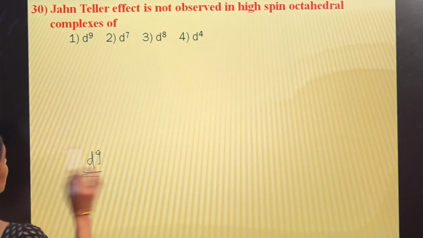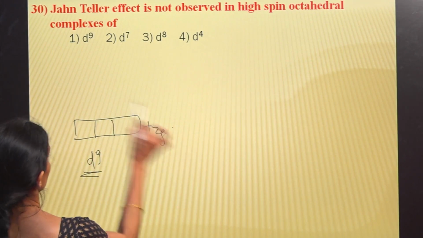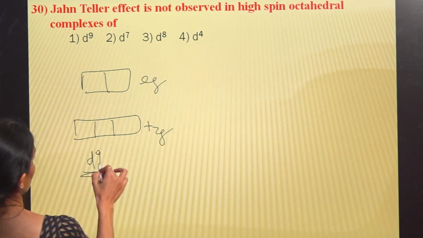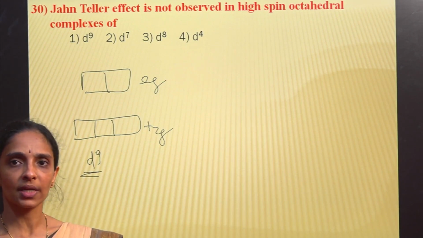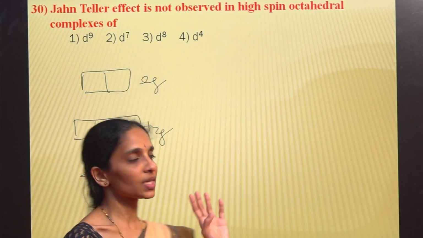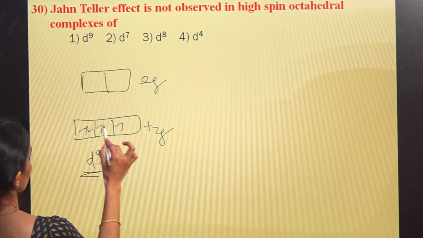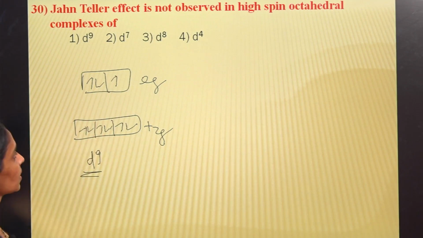Okay, so D9 system, it's an octahedral complex. Splitting will be T2G, EG like this. Because it is D9, it doesn't matter whether you have a weak ligand, strong ligand, high spin or low spin, it doesn't matter. The configuration is written the same way. This is how you write it for D9.